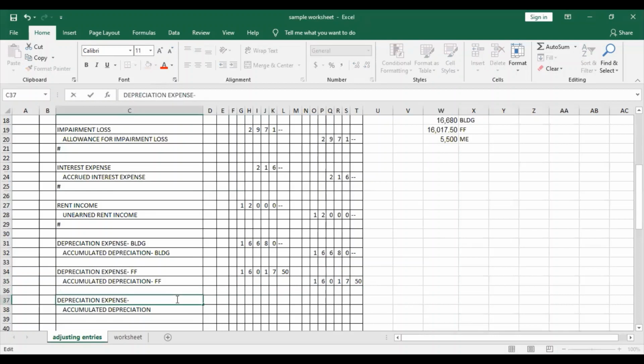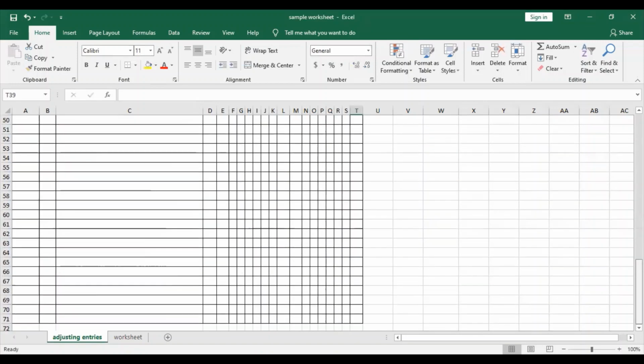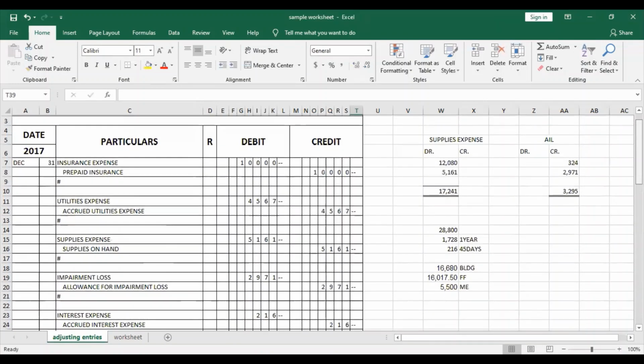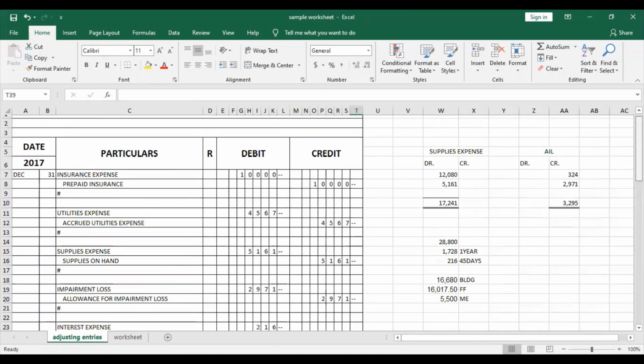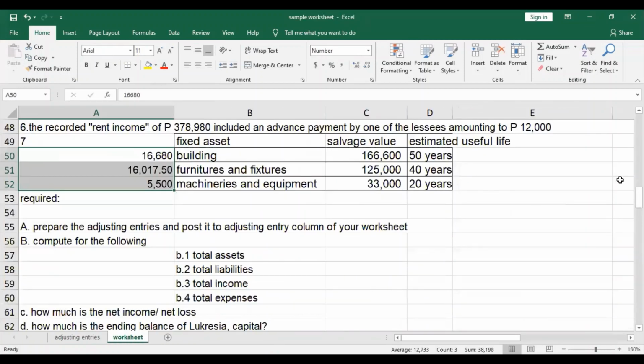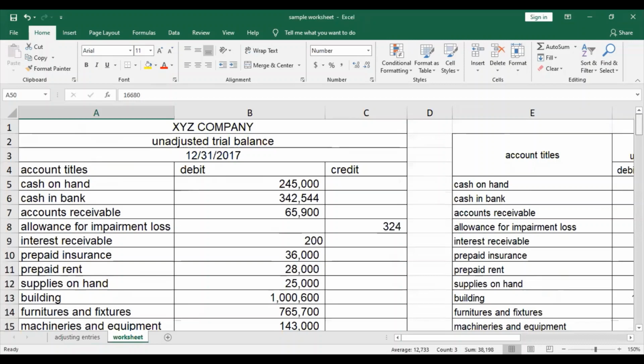For the machineries and equipment, ganun din, ilagay mo para hindi ka malito. And then yung value niya, which is 5,500. Ayan na siya. Kung nag-compute ka at the end of the year, ng book value ng bawat fixed assets mo, hindi ka na malilito. Ito na lang yung entries mo. And this is your adjusting entry preparation for XYZ company.